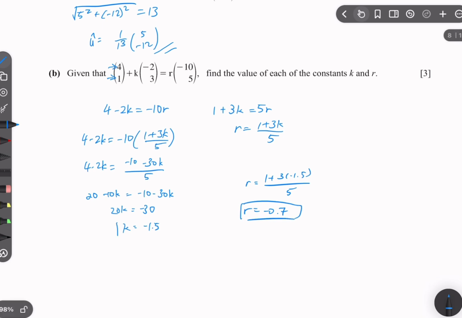So r is equal to minus 0.7 and k is equal to minus 1.5.